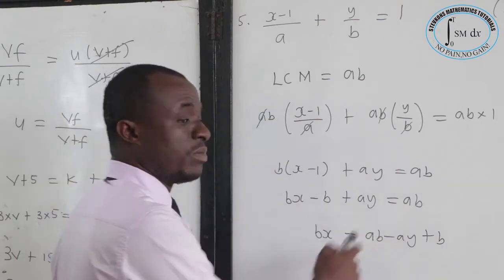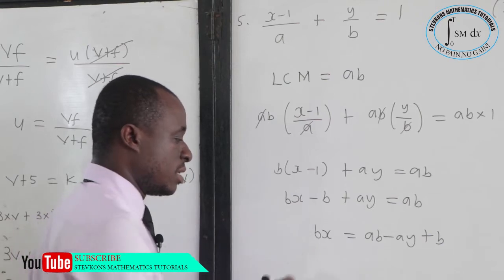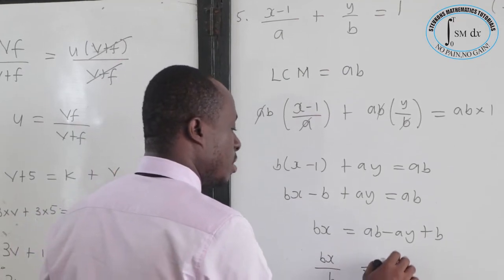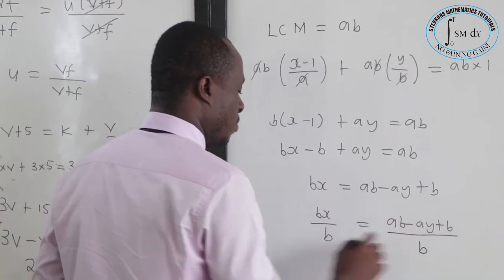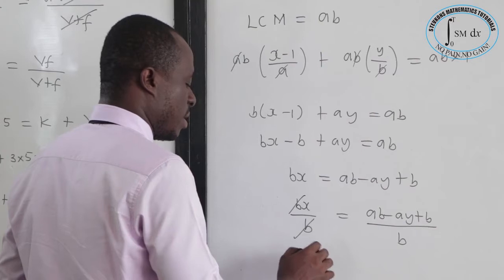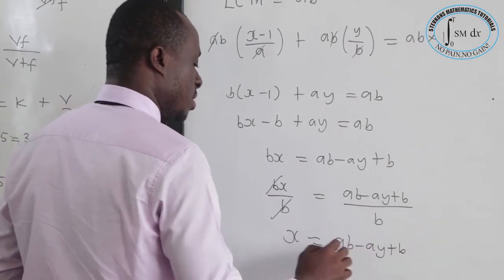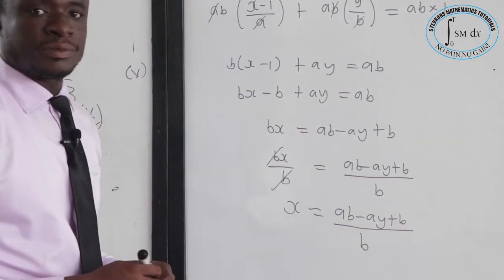This positive crossing becoming negative. I want to make x the subject. So I divide by what is multiplying, which is b. So I have bx over b, ab minus ay plus b all over b. Now this is cancelling out that. So I have my x to be equal to ab minus ay plus b all over b.